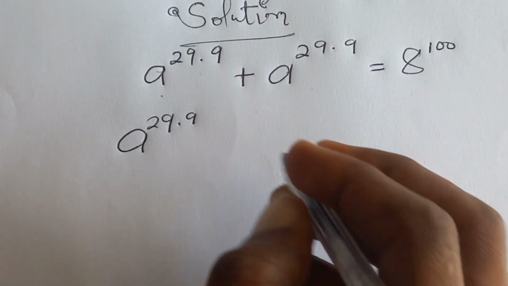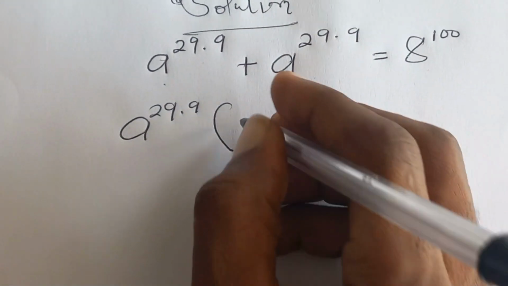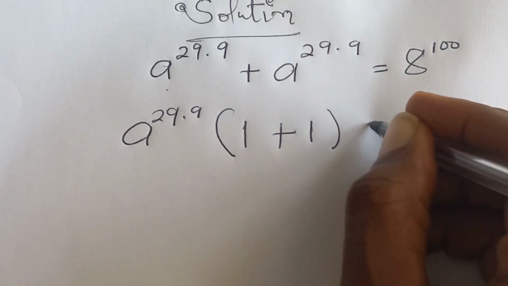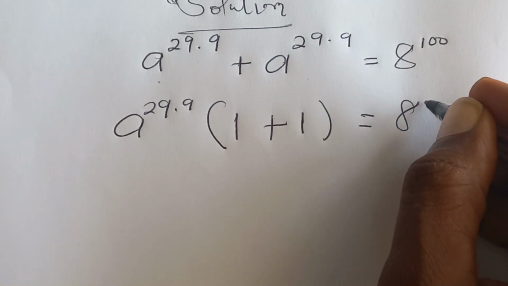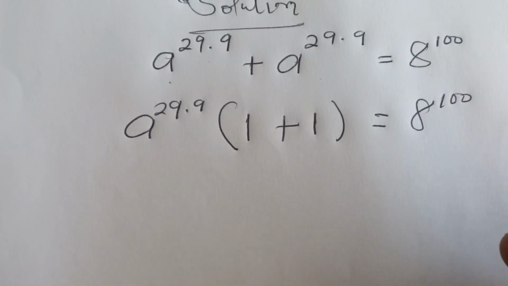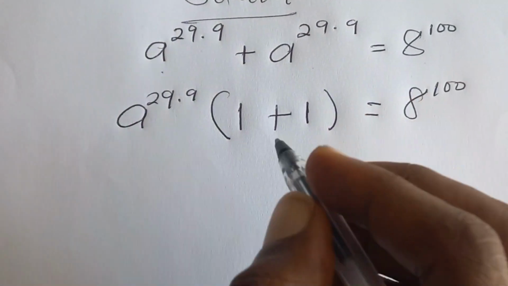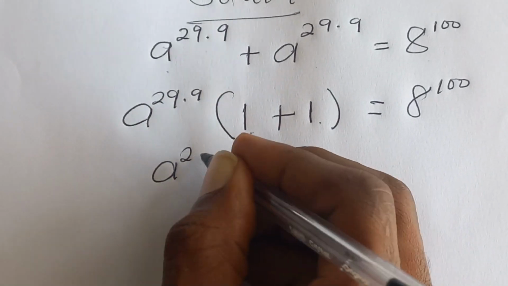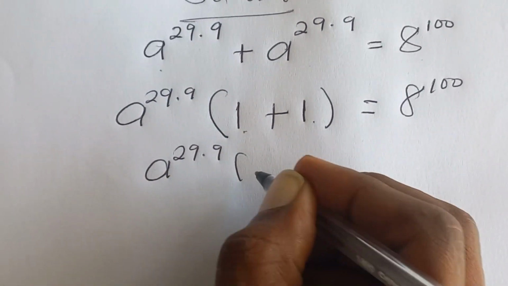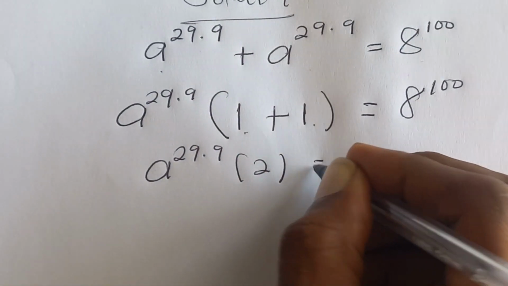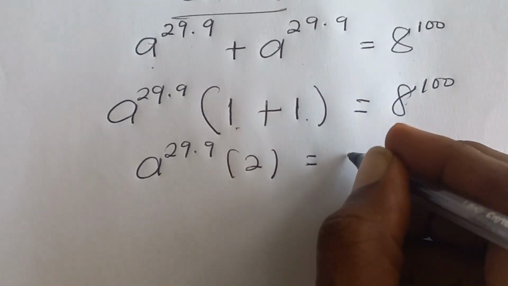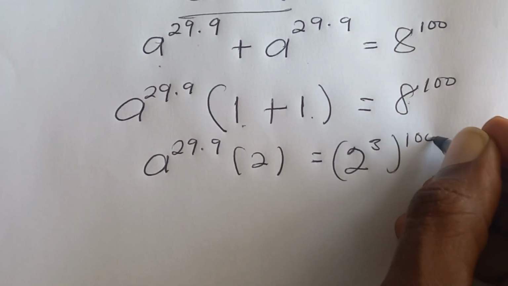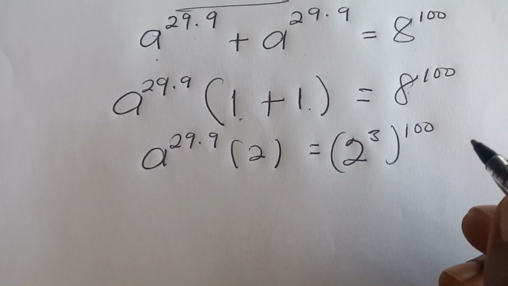So we have 1 plus 1, which is equal to 8 exponent 100. Now 1 plus 1 is 2, so we are going to get a^29.9 multiplied by 2 is equal to, now this 8 can be expressed as 2 exponent 3, all in bracket to the power 100.